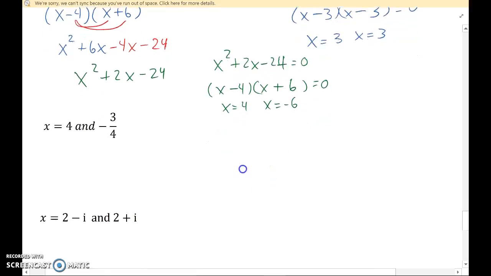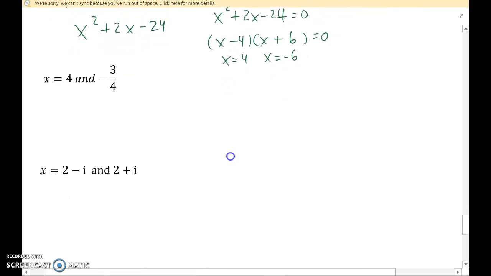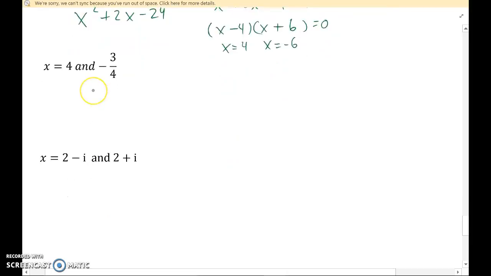Now, a very similar example, a little more involved, is when you have a fraction as your root. And so let's look at this. I think it's clear that we would use x minus 4 as our first root. And most people would probably say x plus 3/4.